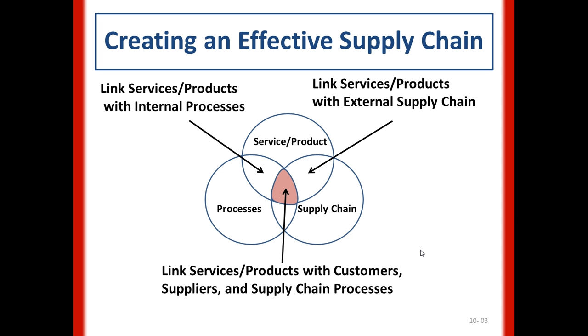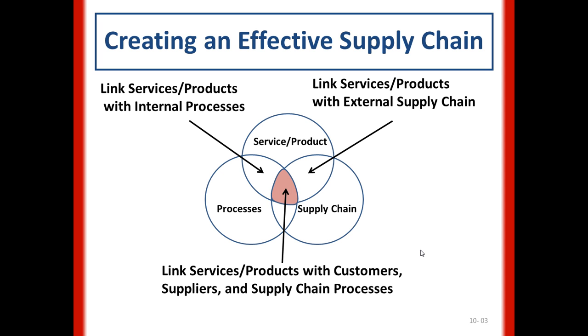The first link is created between the firm's internal processes and the service and product. The second link is created between the service and product and the external supply chain.